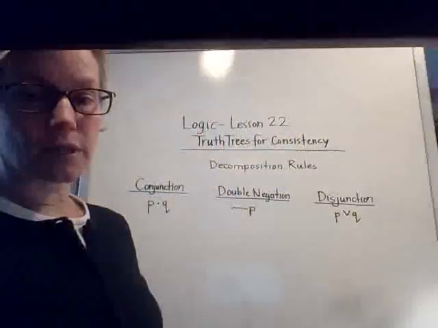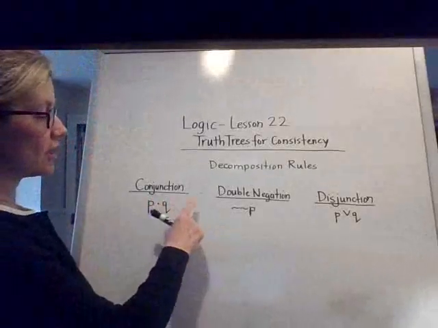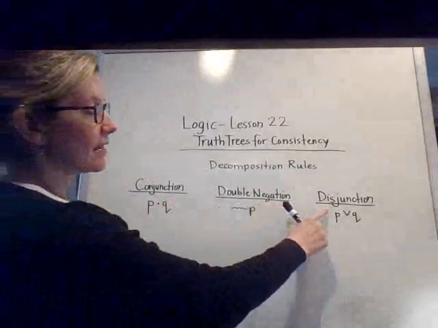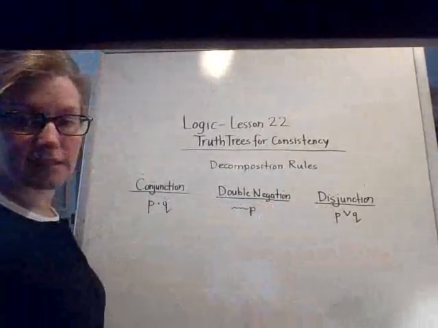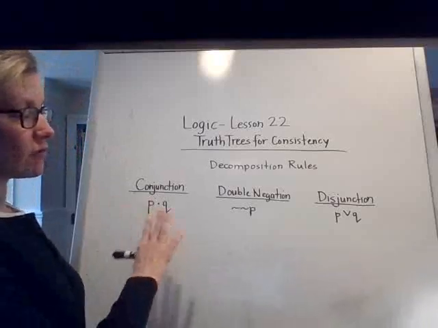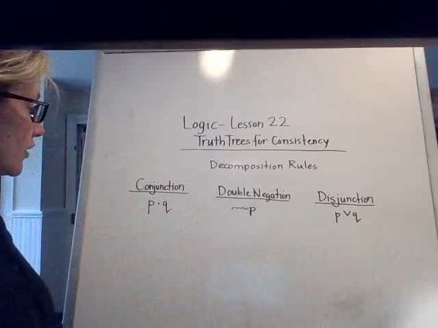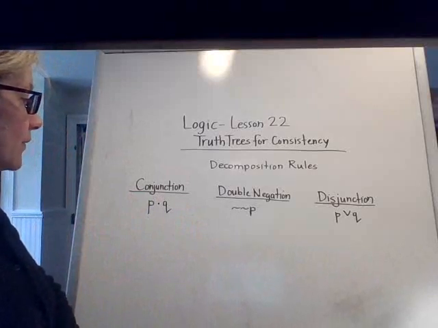So in this lesson, we're only going to learn three decomposition rules, and that's the conjunction, double negation, and the disjunction. And then in the next lesson, lesson 23, we're going to learn a bunch more. But we'll just get comfortable with these for now, and then we will add to it. So first of all, let's look at the conjunction.